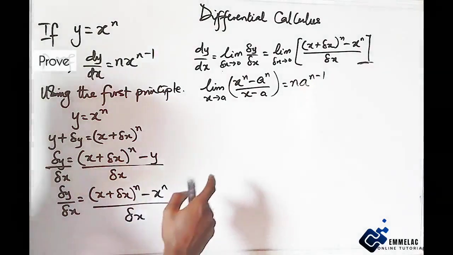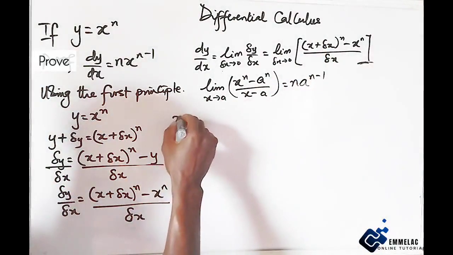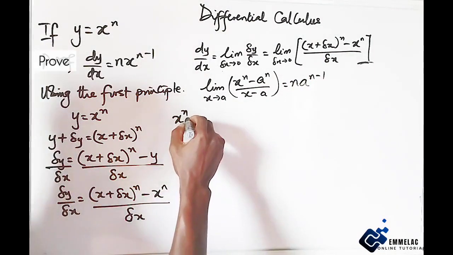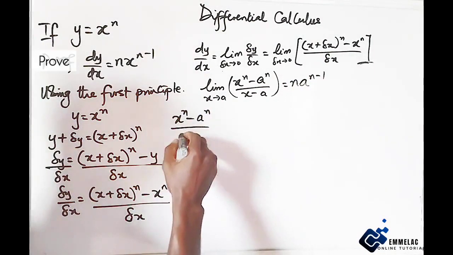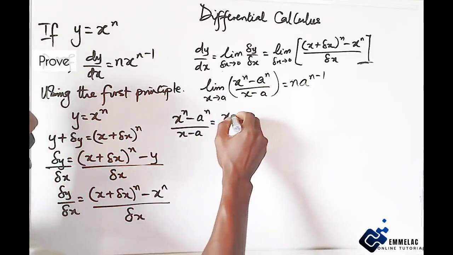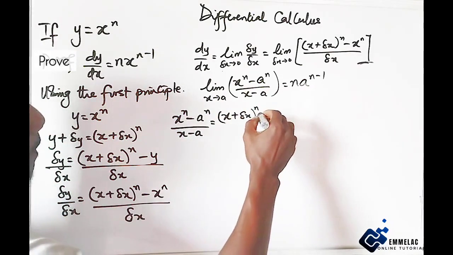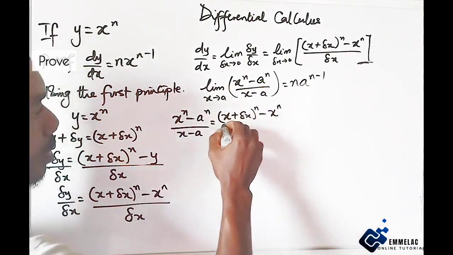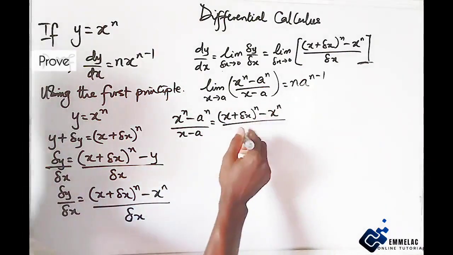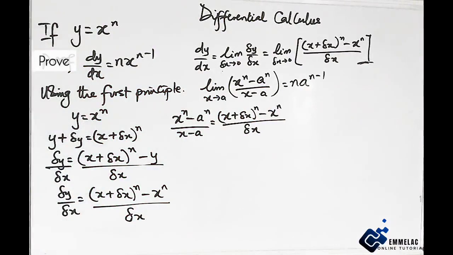We can see that x to the power of n minus a to the power of n all over x minus a corresponds to x plus change in x all to the power of n minus x to the power of n, and all over, but the denominator seems to be different. You only have change in x.